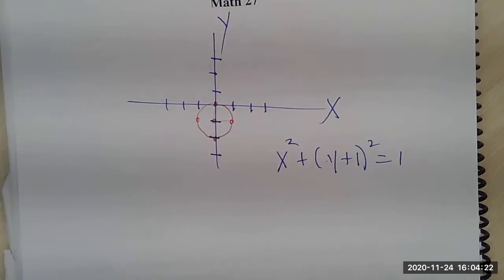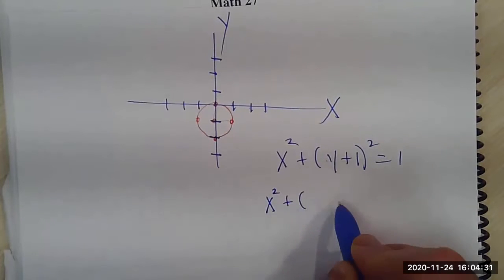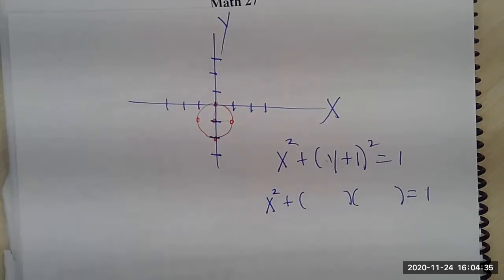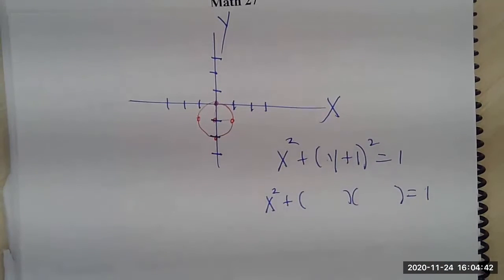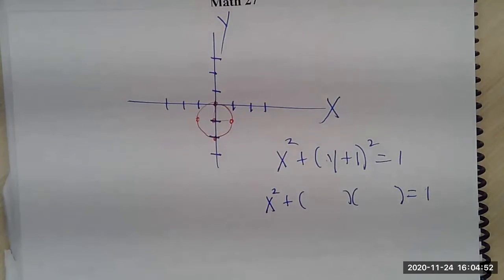Your goal is to get rid of all the x's and y's and have just r's and thetas. So I'll leave this x squared alone. This one here has to be written down twice, otherwise you make that common baby algebra mistake: oh, isn't it y squared plus 1, Jeff? No, it isn't. It's y plus 1 times y plus 1 and then FOIL. It's not just y squared plus 1.